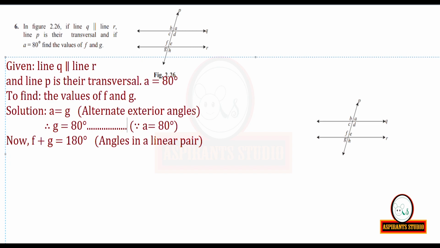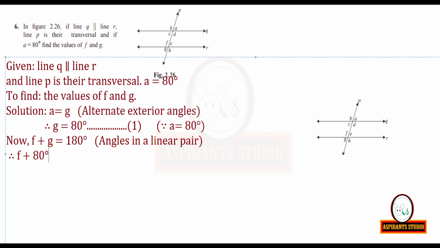Therefore, F plus 80 degrees, instead of G you can put 80 degrees, is equal to 180 degrees. This is from equation number 1, because I have taken G is equal to 80 degrees as equation number 1.